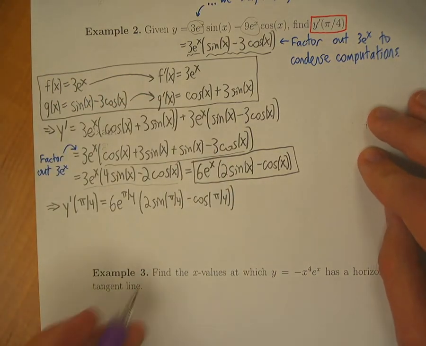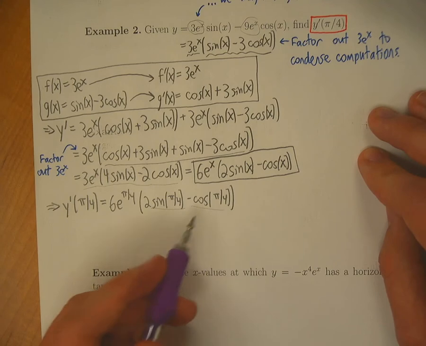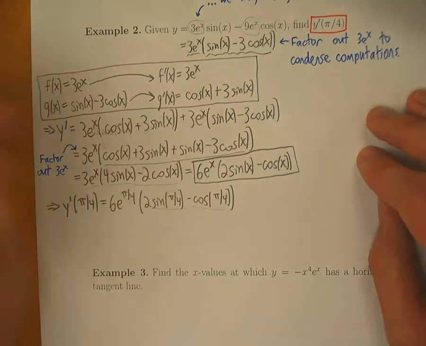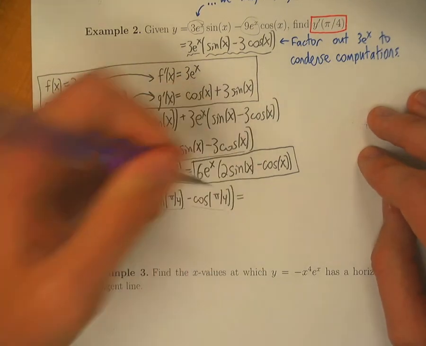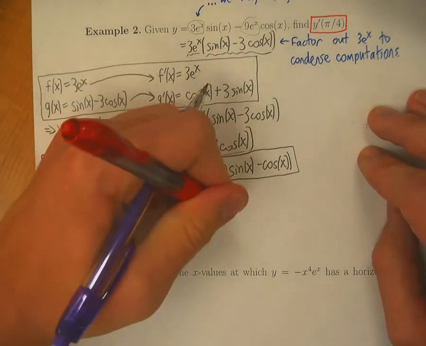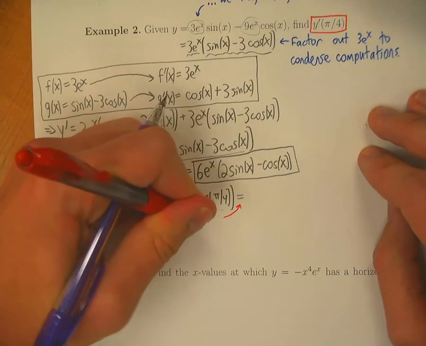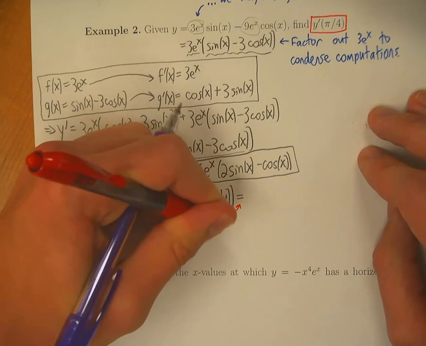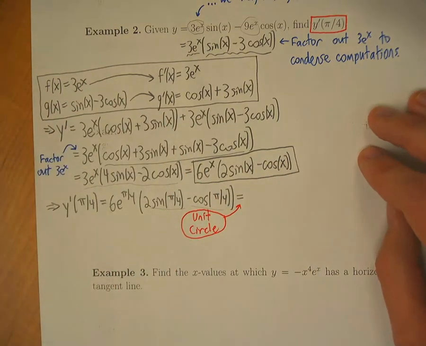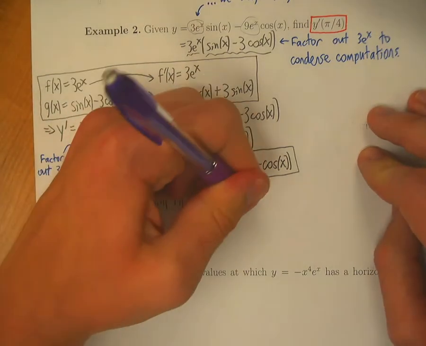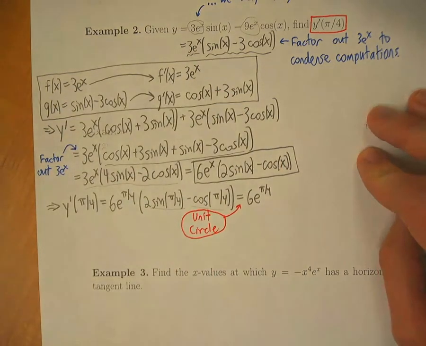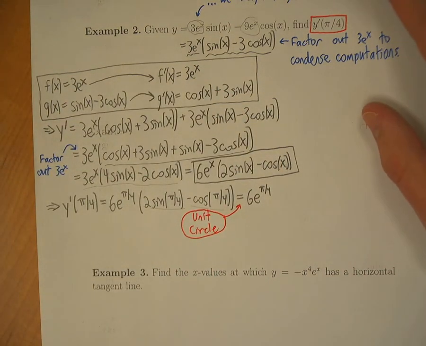In this case, because we have to deal with sine and cosine of pi over 4, we have to harken back to our good old unit circle here. With 6 times e to the pi over 4, there's not really much we can do with that, so let's just leave that alone.